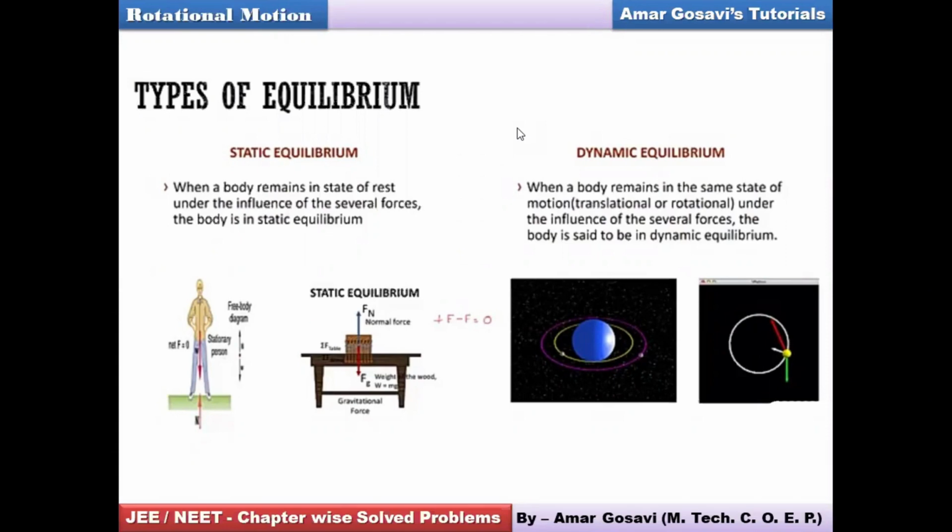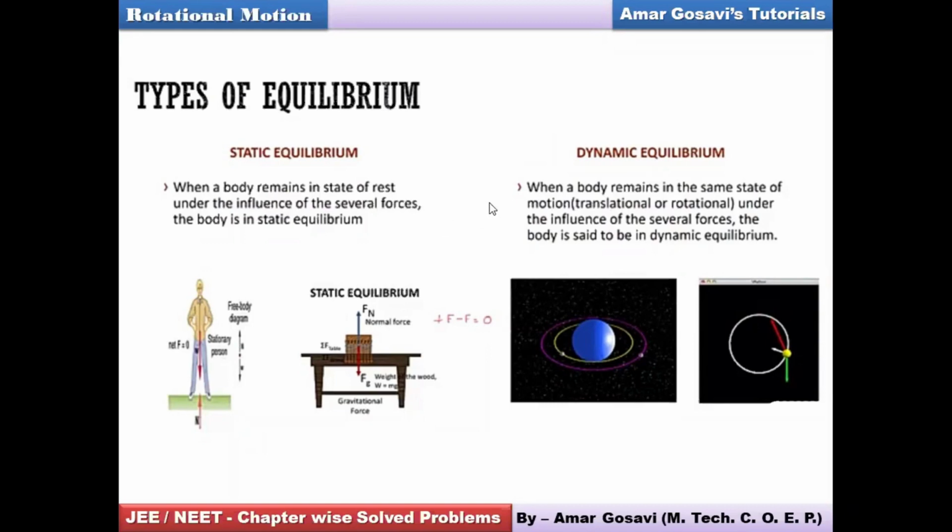The second type we talked about is dynamic equilibrium, where the object is in motion, either translational or rotational, but still it remains in equilibrium. Such situations we would be encountering in the coming sessions, basically, when we talk about equilibrium. So hopefully done. Let's proceed forward then.